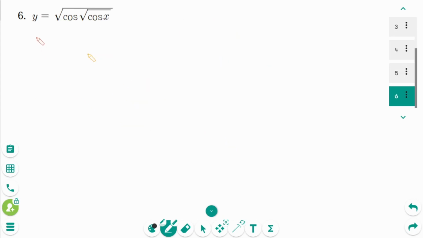Number 6, we can rewrite as y equals cosine square root of cosine x to the power of 1 over 2. Think of it as u equals cosine square root of cosine x, then y equals u to the power of 1 over 2, then dy dx equals 1 over 2 u to the power of 1 over 2 minus 1 times u prime.